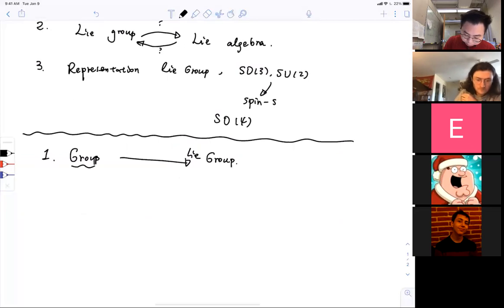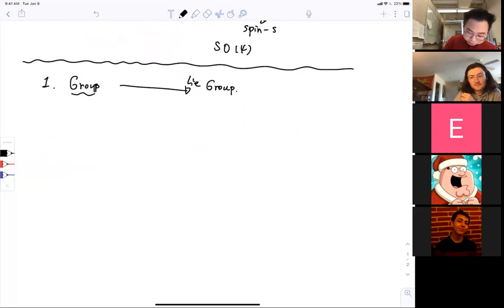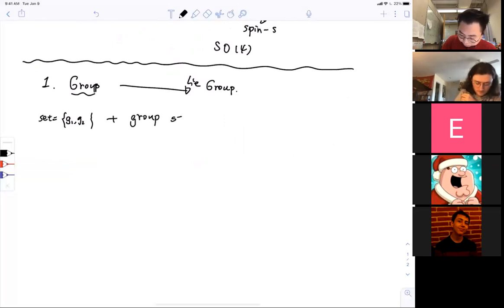If you open a group theory book, I'm pretty sure the first page will be a rigorous definition of a group. Generally speaking, it's just a set of elements plus a structure we call group structure, right?